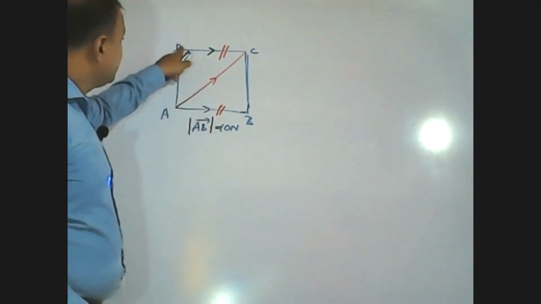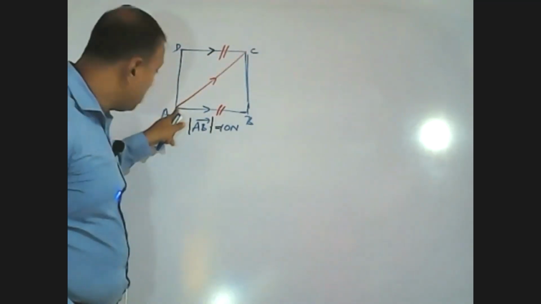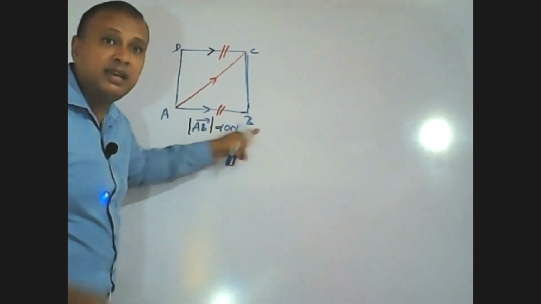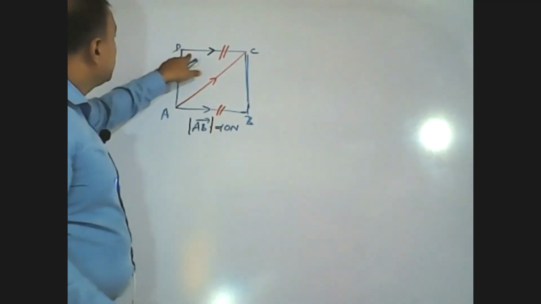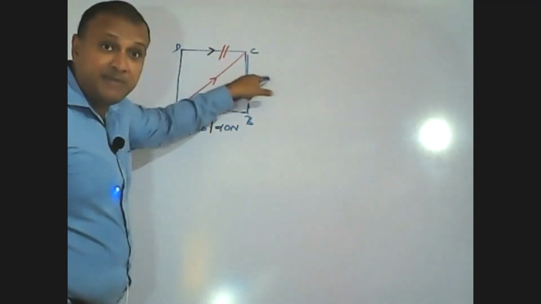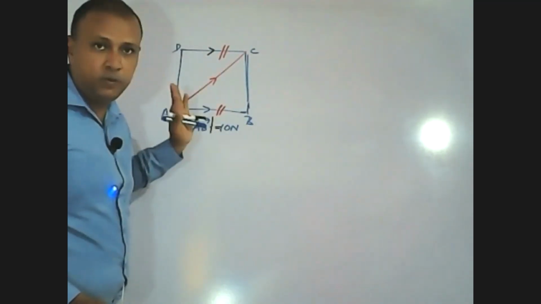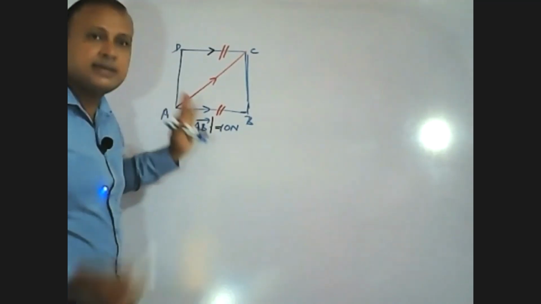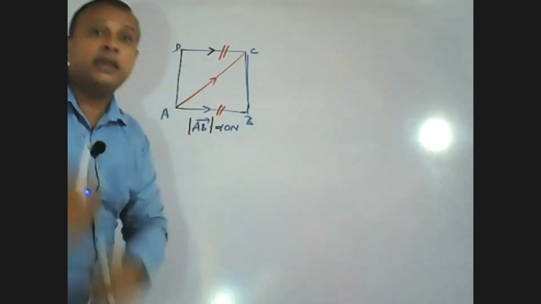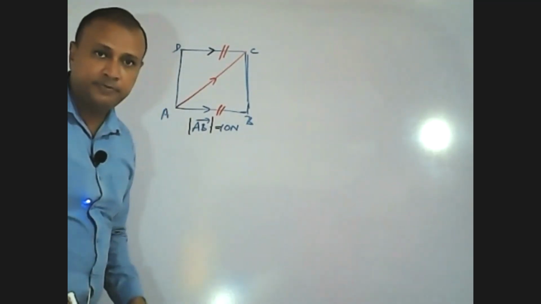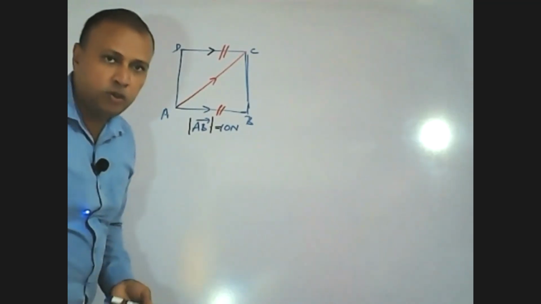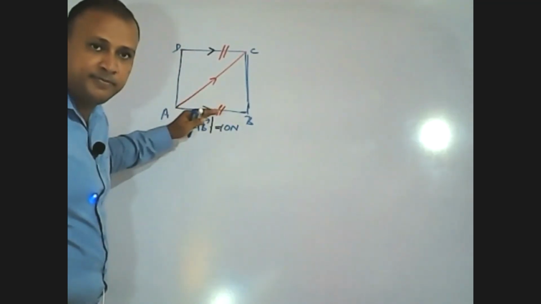The DC line segment is equal to the AB line segment. The lengths are equal, so the magnitude of the DC vector should be equal to 10 Newton too. That is the logic behind that. Do you understand that?